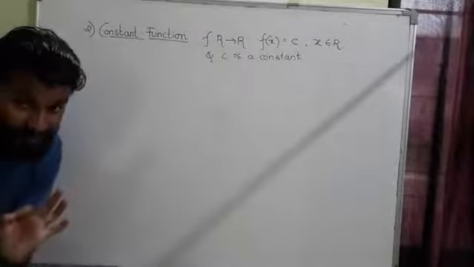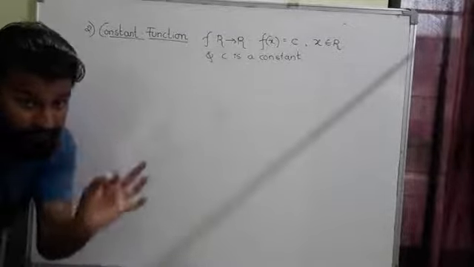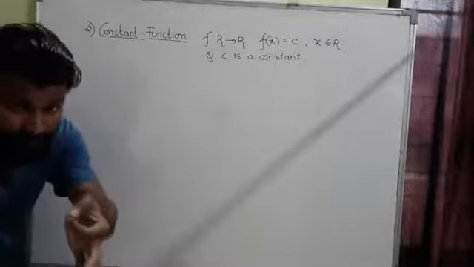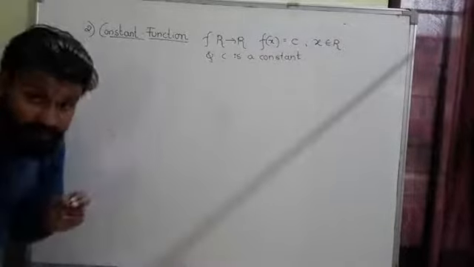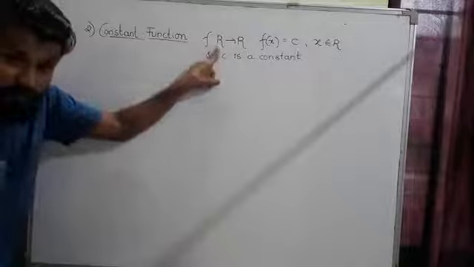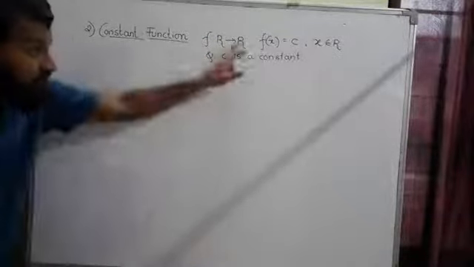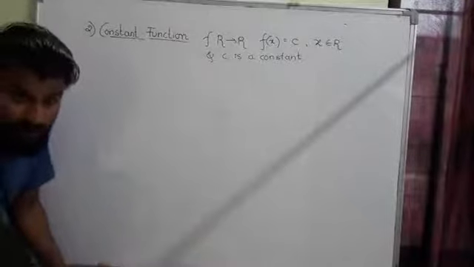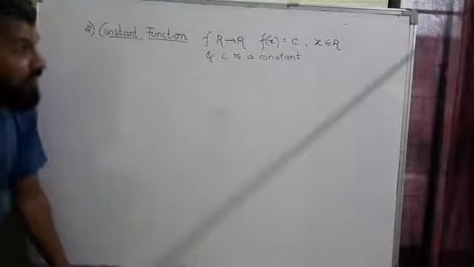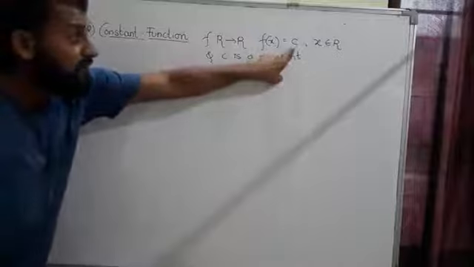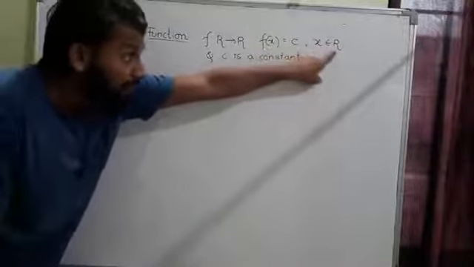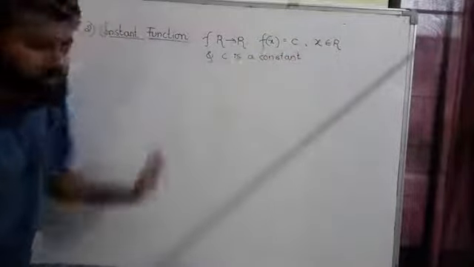I gave you the definition of real valued function and real function. So what is this type of function? Here the domain is a real number set and the range is also a real number set. Therefore it is a real function, and f of x is equal to c, where x belongs to any real number and c is a constant.